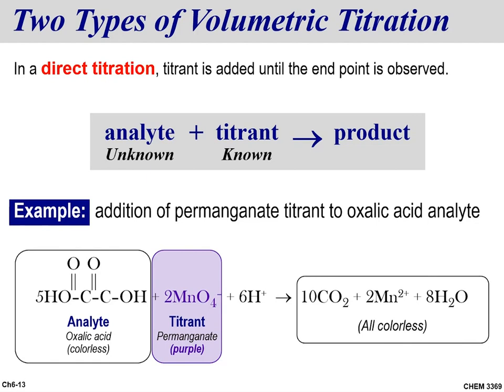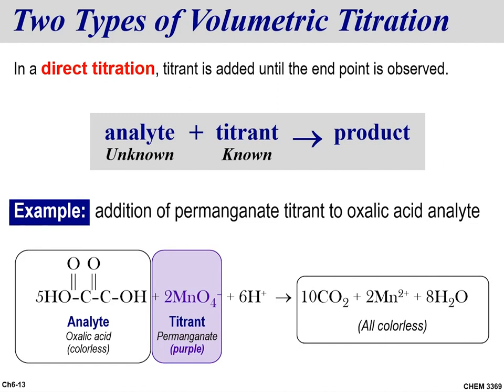The oxalic acid is our analyte, the permanganate is the titrant, and then we can determine the endpoint for this titration when the solution stays pink. That will give us the volume of the permanganate, right?